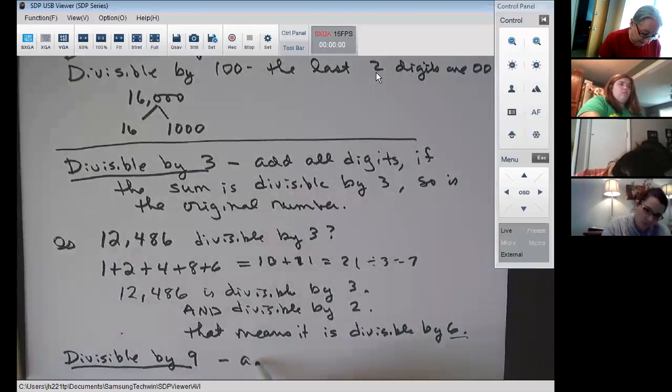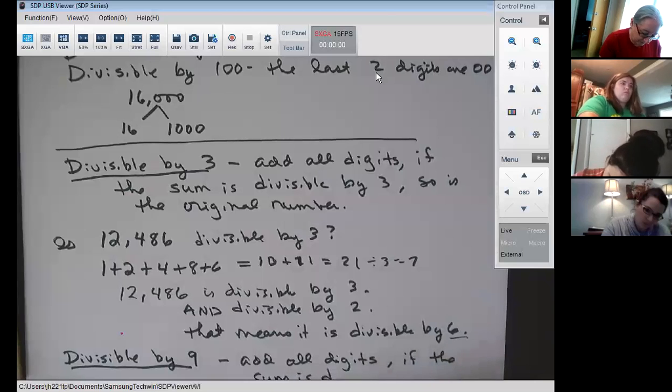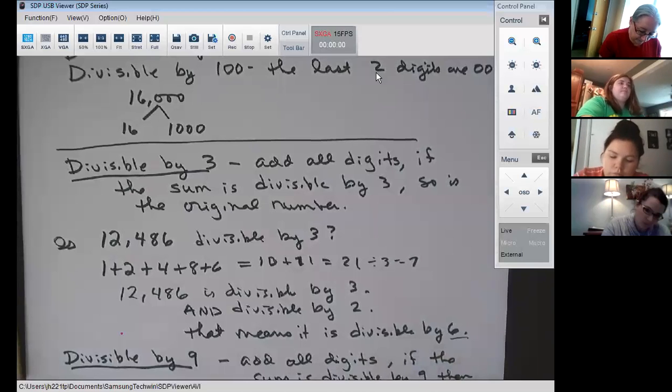So add all the digits. And if the sum is divisible by 9, so is the original number.